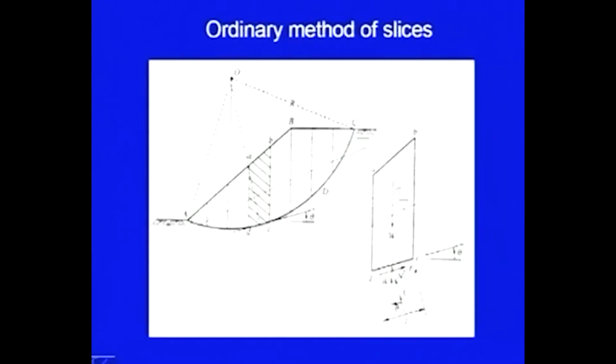The rest of the forces are W, and then the forces which try to resist the sliding, and the water pressure and all those forces which we have been considering. So, in this method we will ignore the forces on the sides. Its detail I shall take in the next turn.